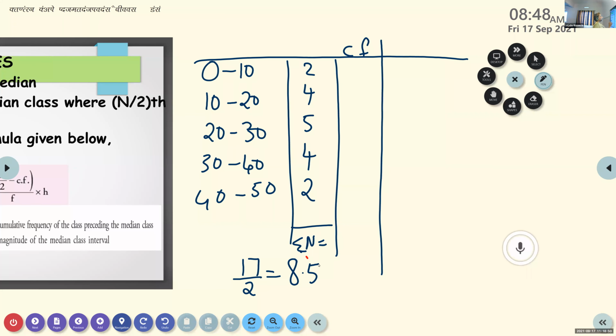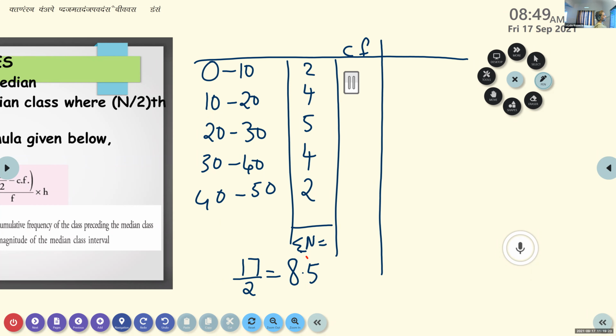Okay. Now another one, cumulative frequency. I will ask each one by one. Just put it in the chat box. What is the answer? First one, what will come? Sanam, what will come in the first one?